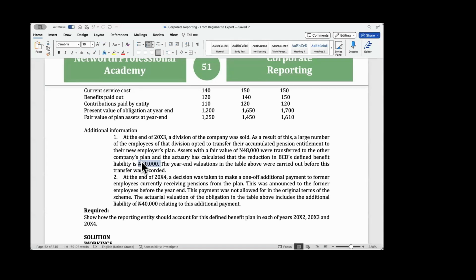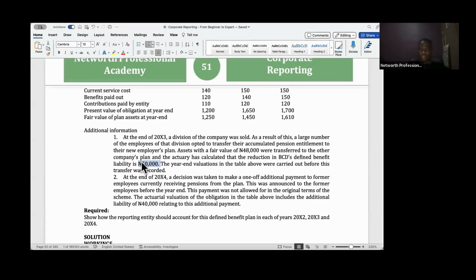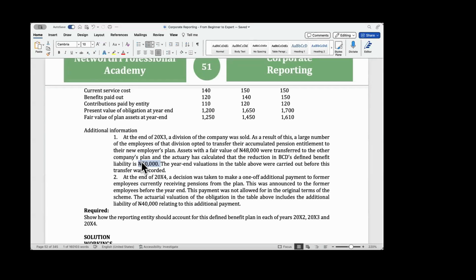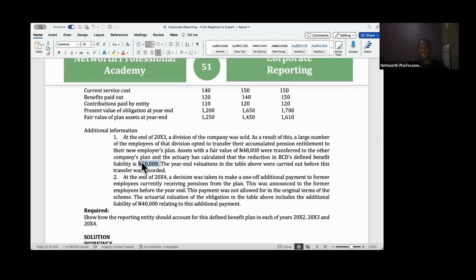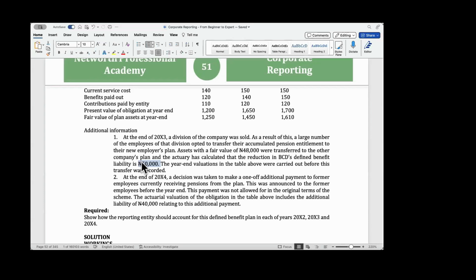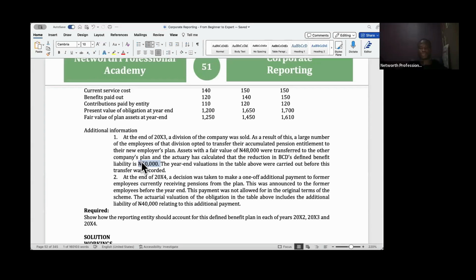Is it loss on settlement? Okay, yes, at least you have an idea, but this is not a loss now. So it's net obligation. No, far from it. It has nothing to do with that. So it's either a gain or a loss on settlement.